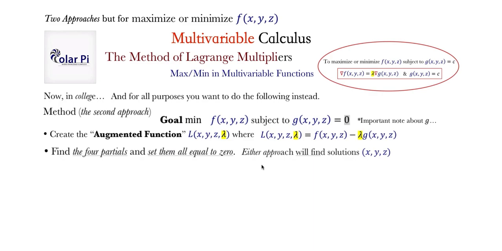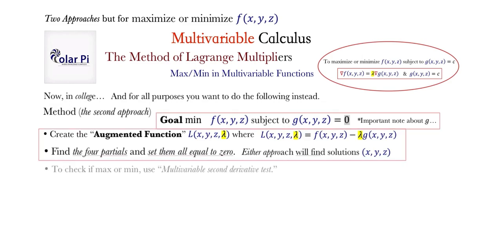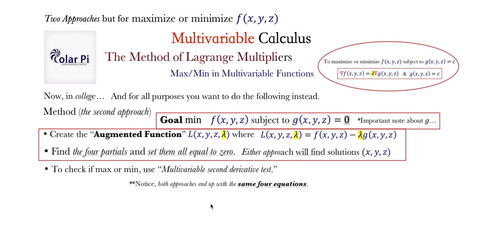Again, I'm going to walk you through a practice problem in this video, so you're going to see how exactly this works. But of course, either approach is going to get you the solutions xyz, first approach or second approach, and you can check whether or not the xyz solutions that you found are in fact a maximum or a minimum using what I'm calling the multivariable second derivative test.